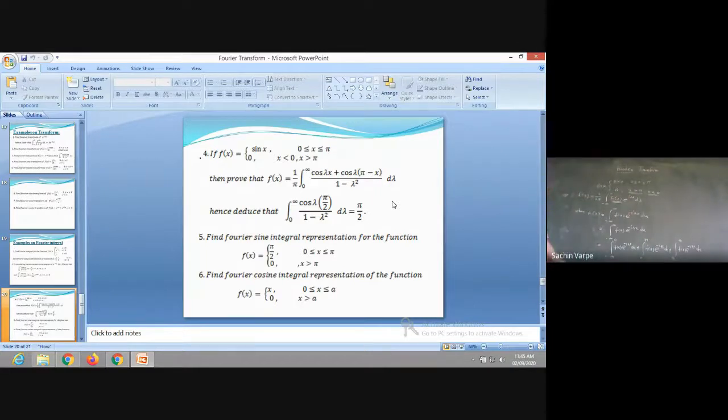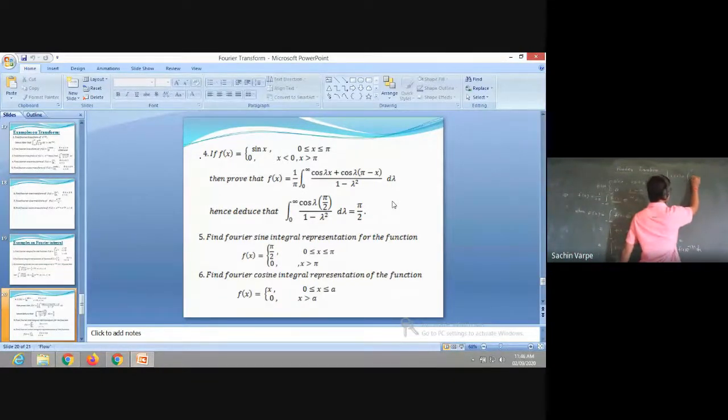All right. So substitute the values of the function given now. In minus infinity to 0, the function value is 0. In pi to infinity, the function value is 0. So the first and third integral will be 0. Only the middle integral will be non-zero. And therefore, F of lambda is equal to integral from 0 to pi. f of x is given to be, in this interval, the function value is sine x.